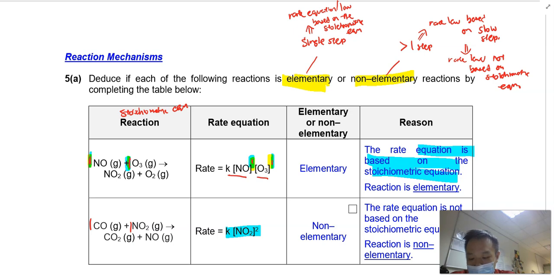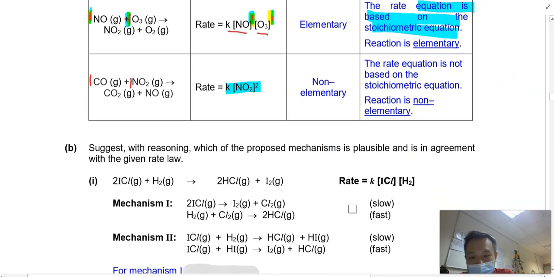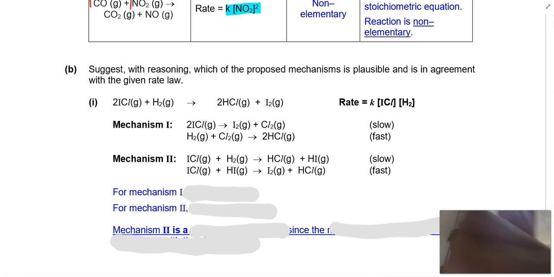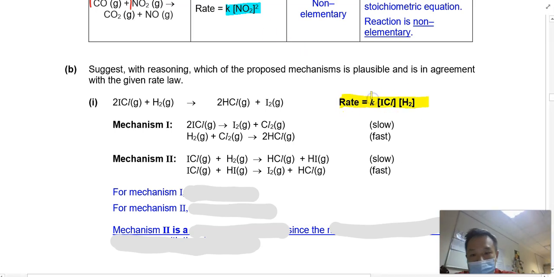With that, let's take a look at B, where we are given a series of mechanisms and a rate equation, to see which of the proposed mechanisms is in agreement with the given rate law. For this reaction, 2ICl with H2 to form 2HCl plus I2, the rate equation is given, which is useful information.